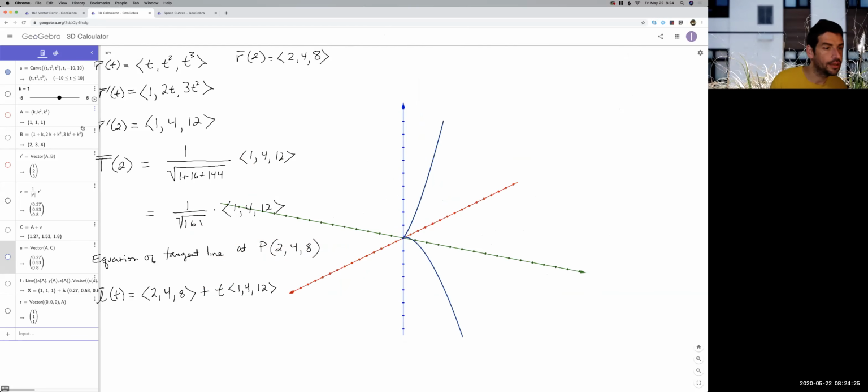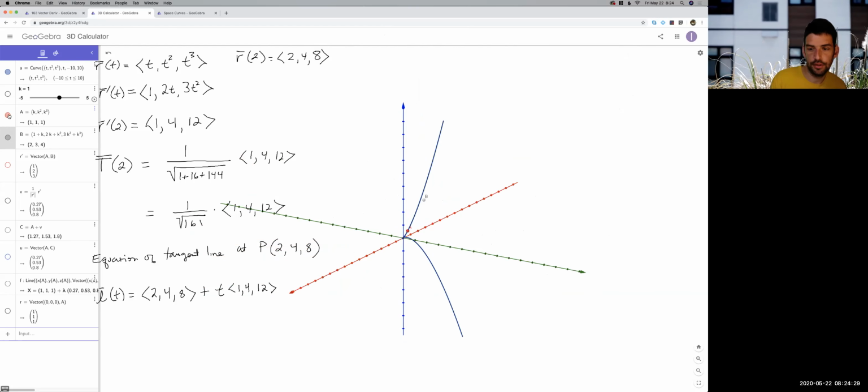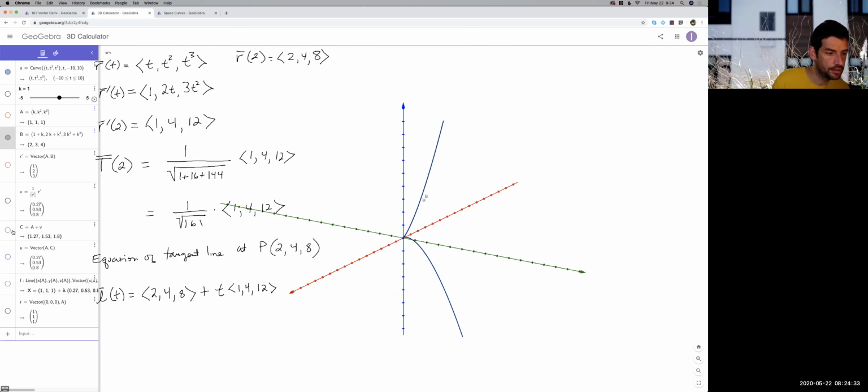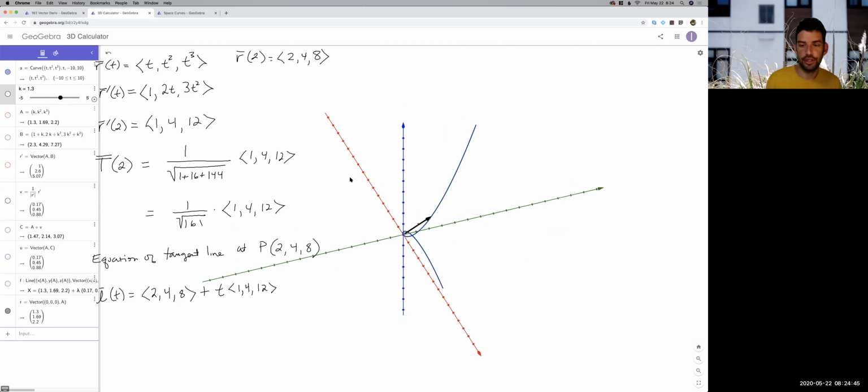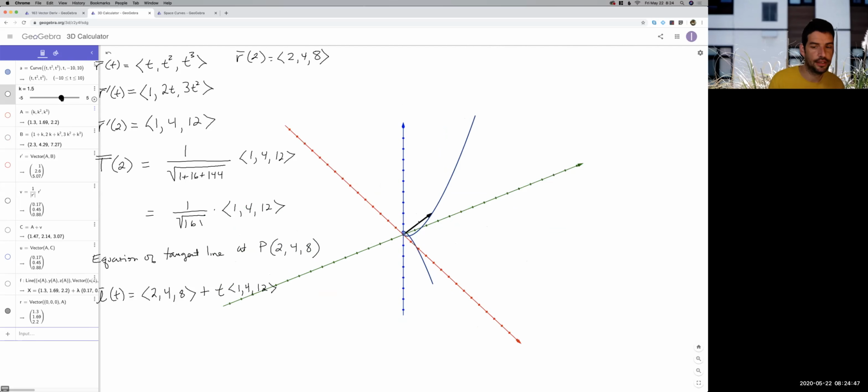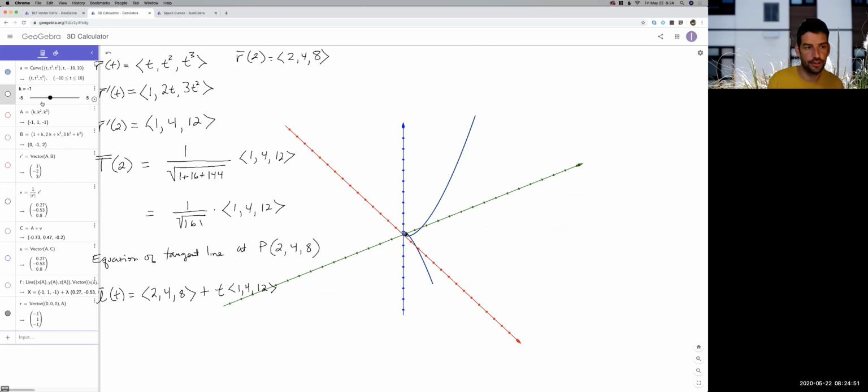First, let me get rid of this point B. Here's our vector function pointing at points along this curve.